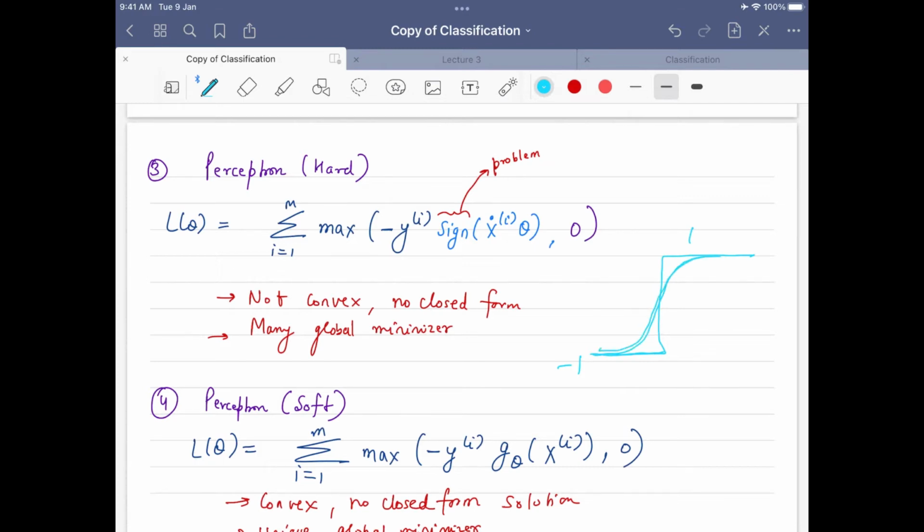The same thing applies for the perceptron also. If you use the hypothesis function itself, then it is a softer version, but if you apply the signum function on it, then it becomes a hard function.